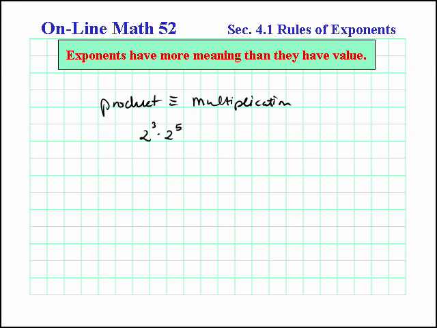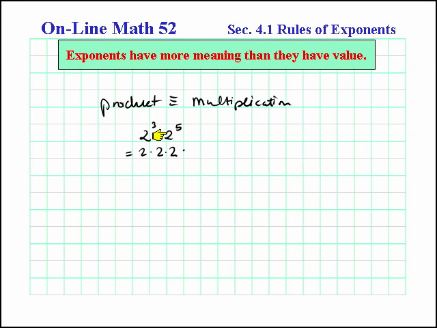Did I ever mention to you that exponents have more meaning than they have value? You ever heard that before? Well, I thought so. So if we look at the meaning of 2 to the 3rd times 2 to the 5th, it means that we have 3 factors of 2, which means 2 times 2 times 2, and we have 5 factors of 2.